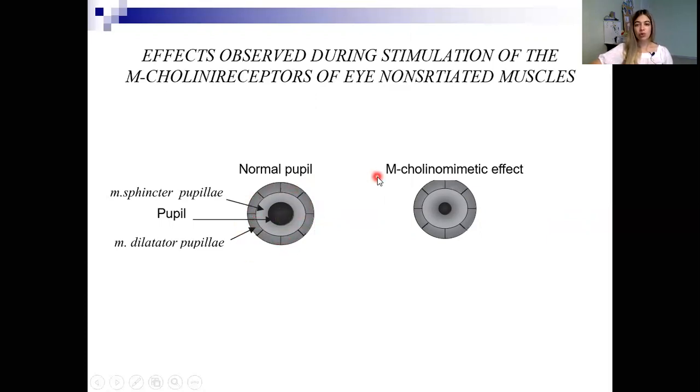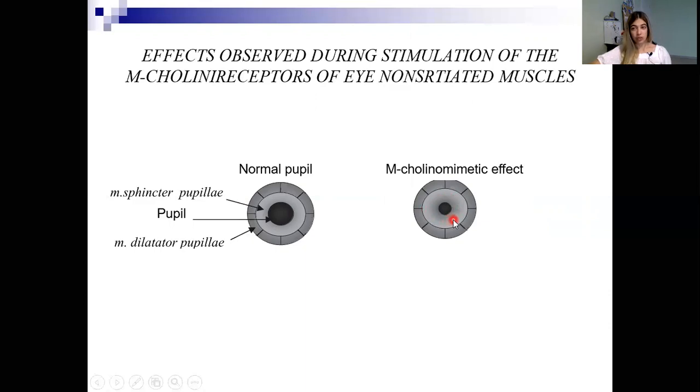In case of cholinergic effect, what happens? The inner muscle, the sphincter, will be stimulated by cholinomimetics.